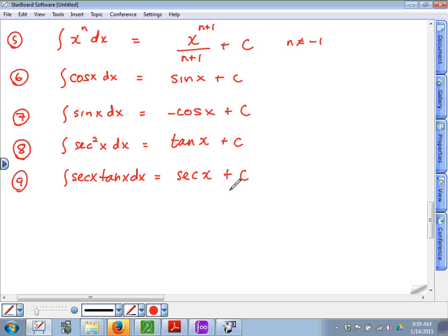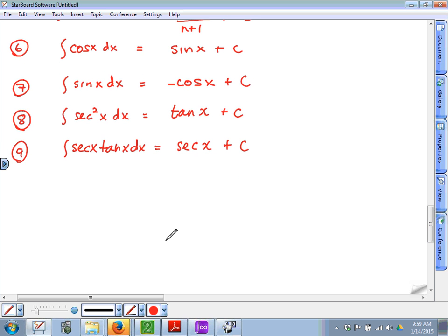Two more. These are basic integration rules. This is the first round of integration rules. There are a lot more to come. Not in this section, but we're going to memorize all of them. The integral of cosecant squared x dx is negative cotangent of x plus c.